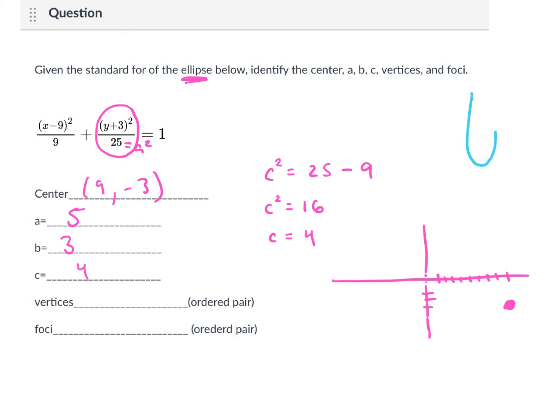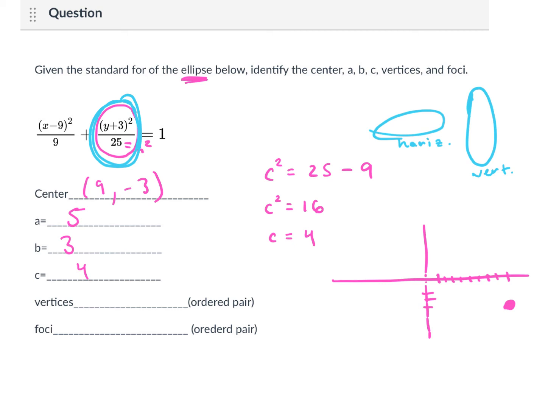Is it going to be an oval like this or an oval like this? If it's plus, it doesn't really matter which one's first. So the a is under the y. That's what makes it vertical. So it's going to be a vertical ellipse.